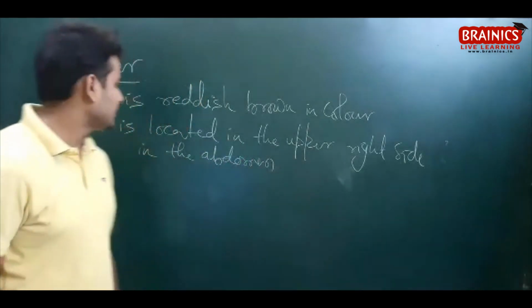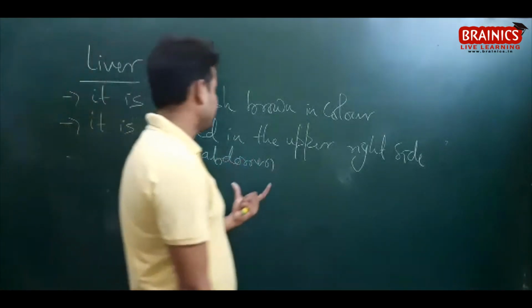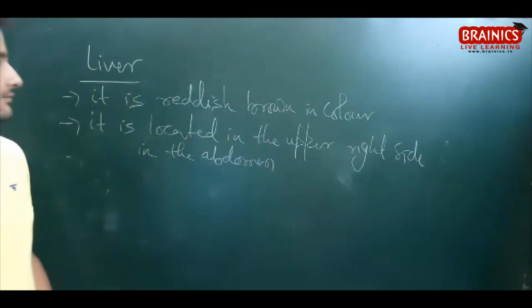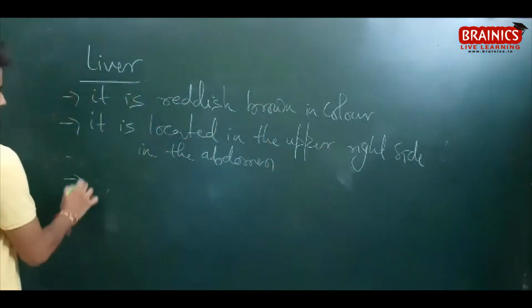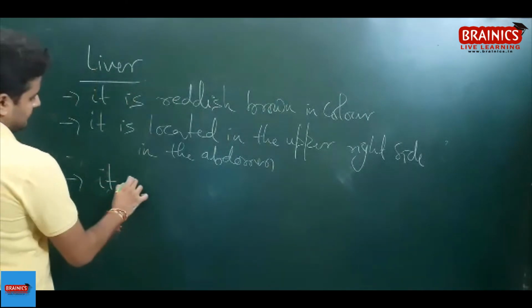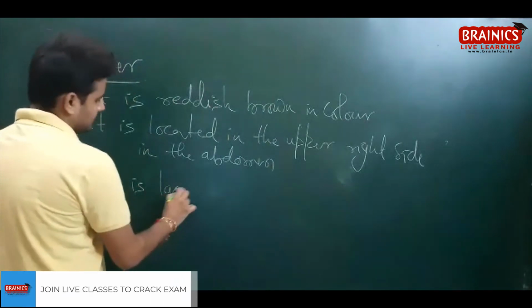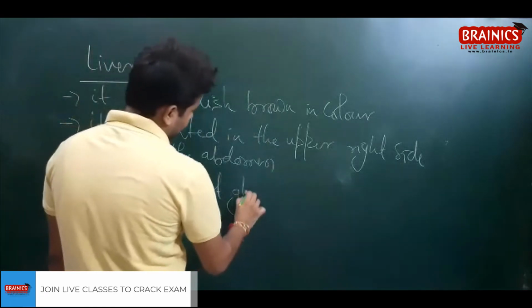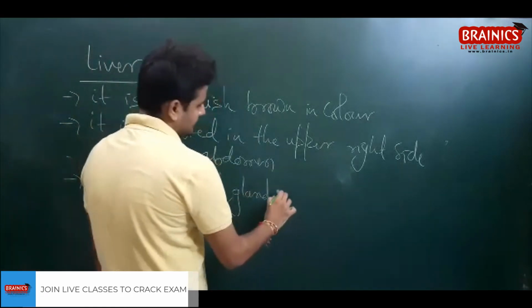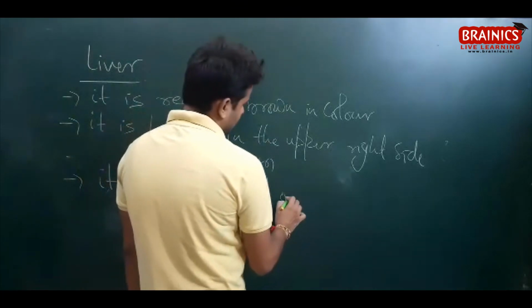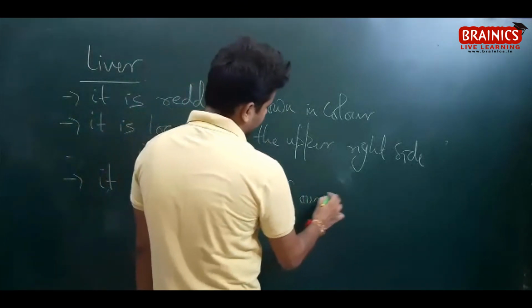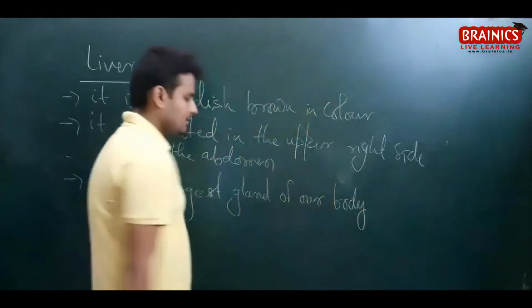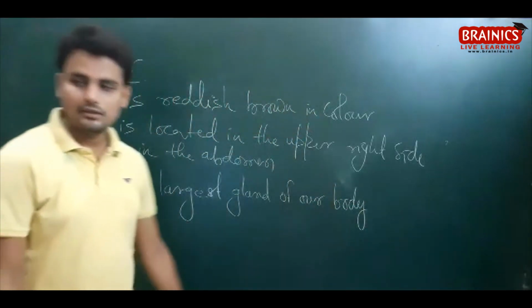So it is located in the upper right side of the abdomen. Correct. So it is the largest gland in the body. We know that it is the largest gland of our body.